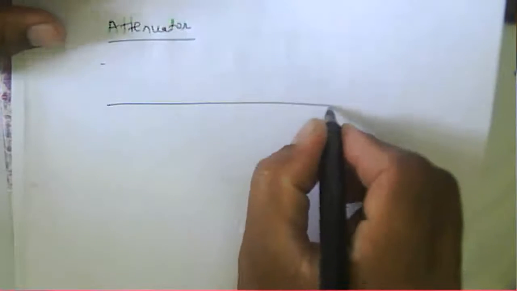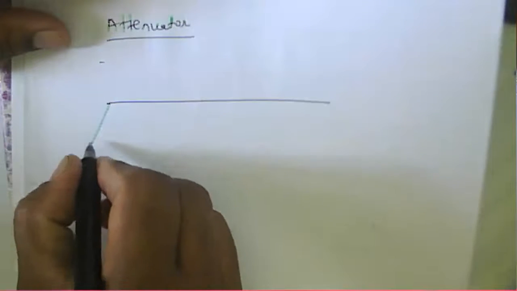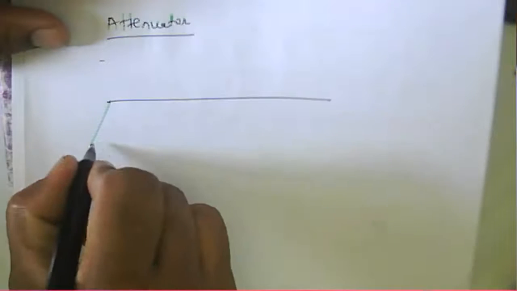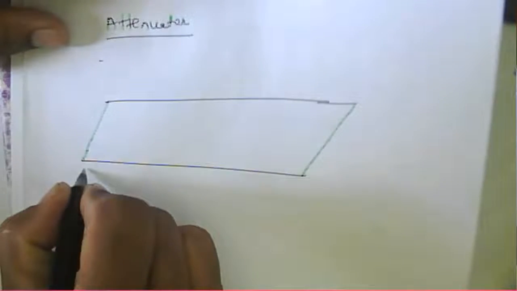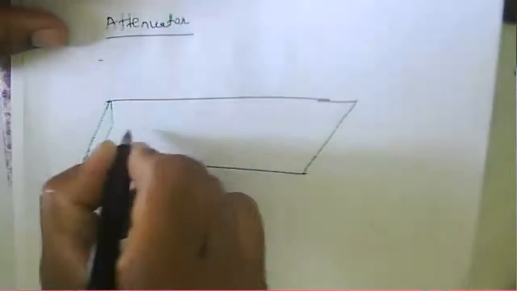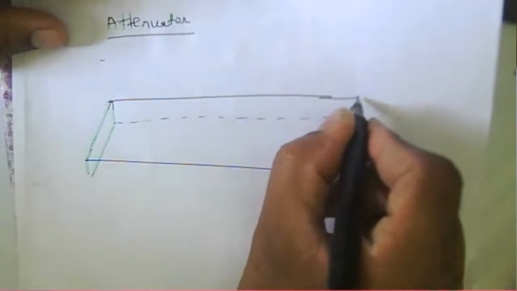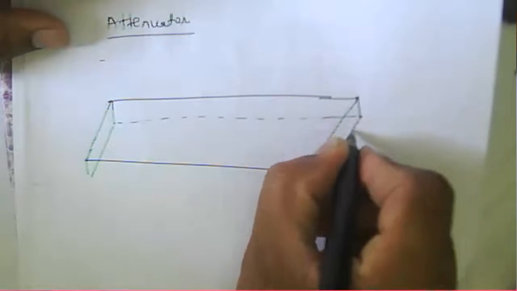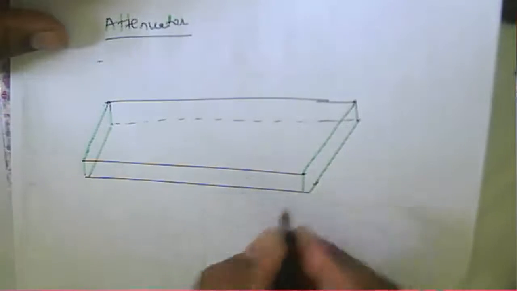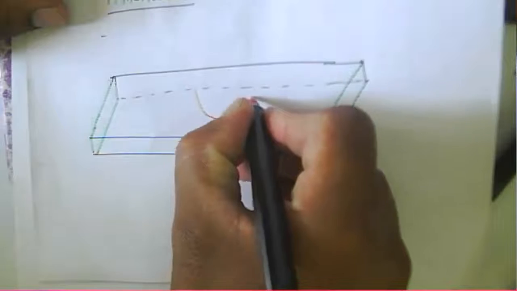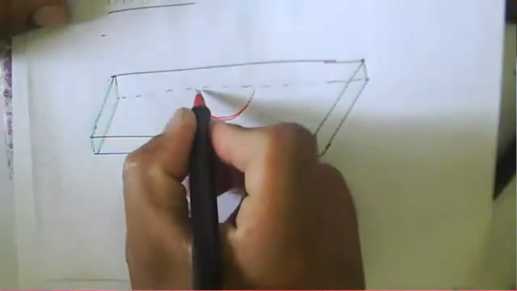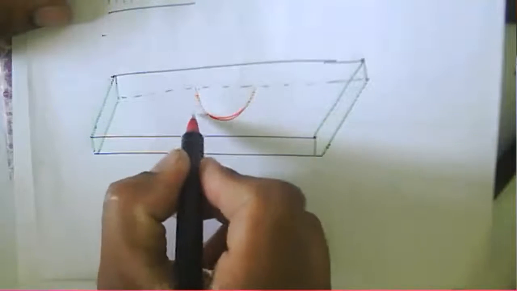In an attenuator, what happens? This is a simple waveguide, you can consider that waveguide now. At the center of this waveguide, one obstacle is there, and that obstacle is penetrating through a small groove.